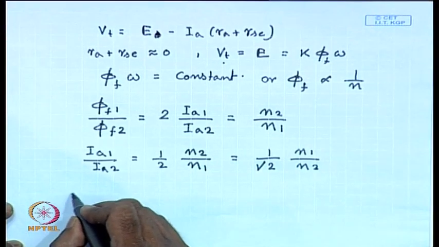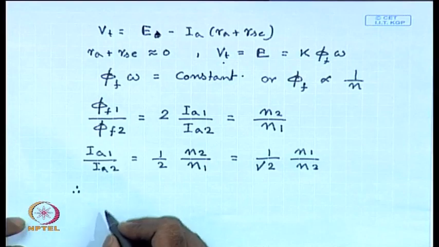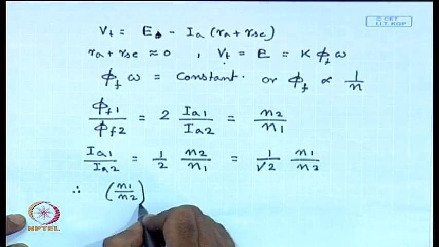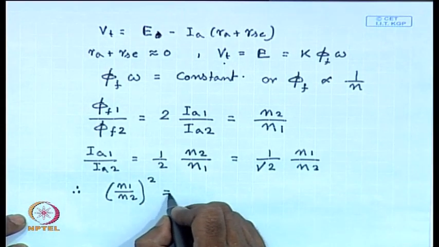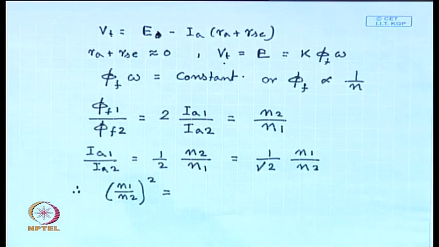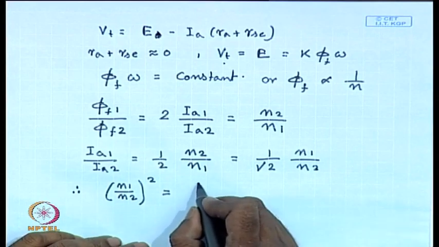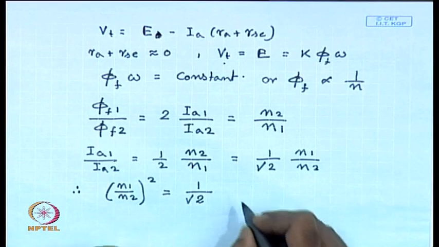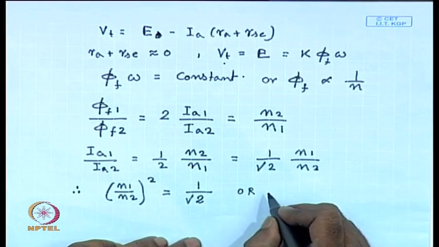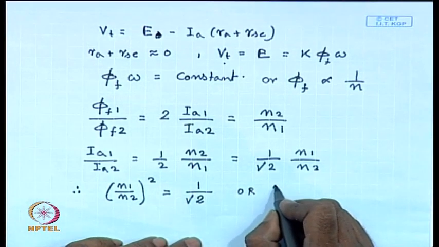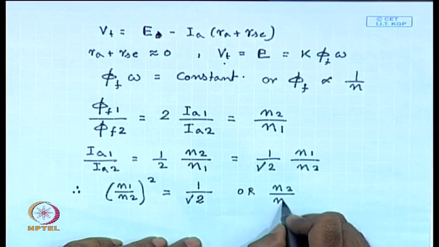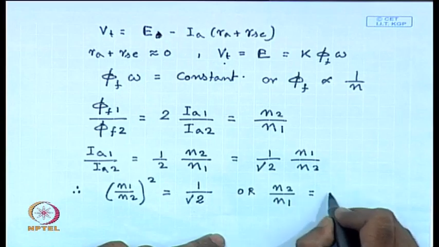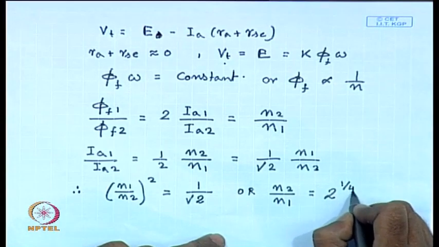So, we have (N1 by N2) square equal to 1 by root 2, or N2 by N1 equal to 2 to the power 1/4.